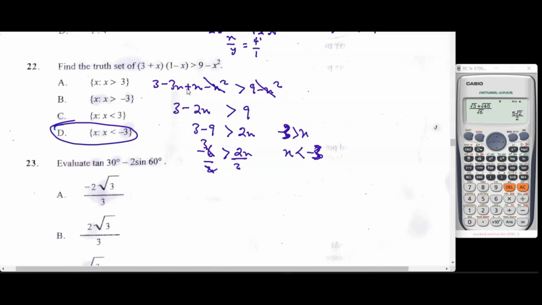Possible answer D. Question number 23. Evaluate tan 30 minus 2 sine 60. Purely a calculator work, just use your calculator to program it.